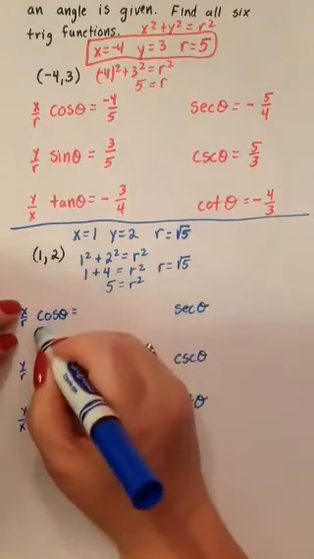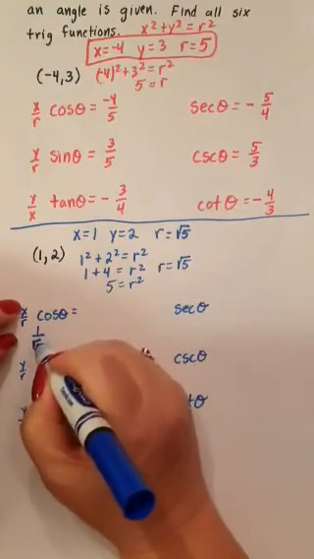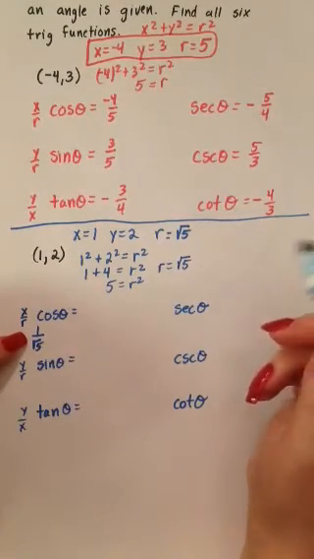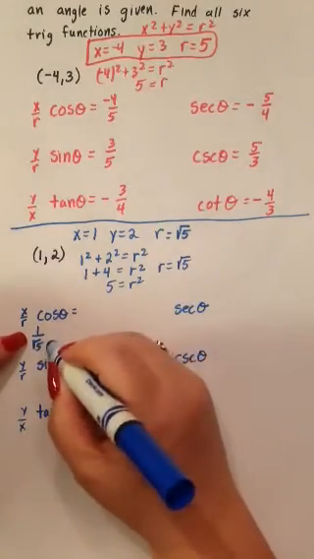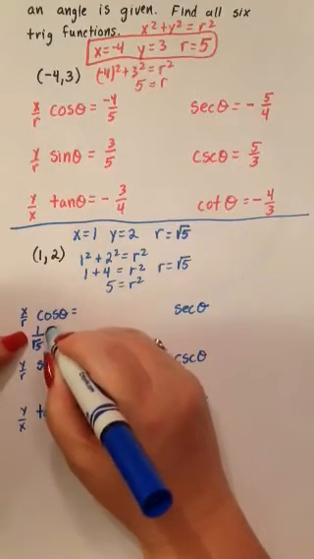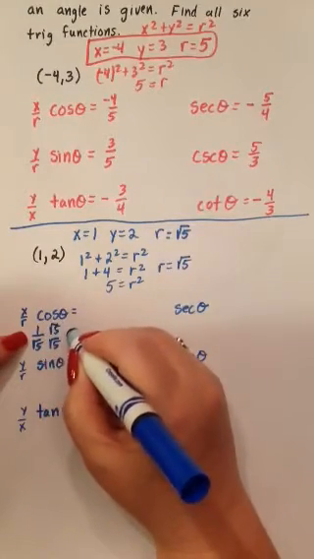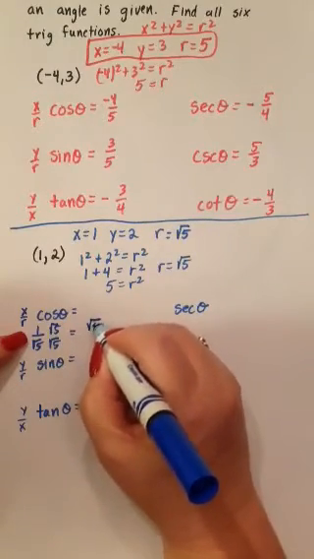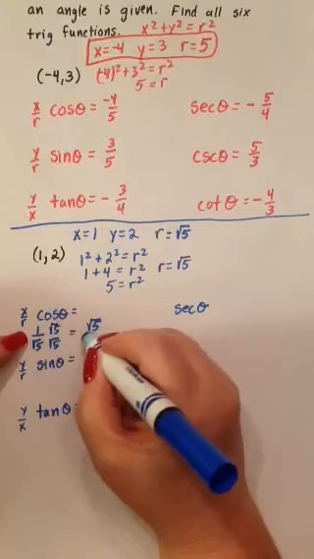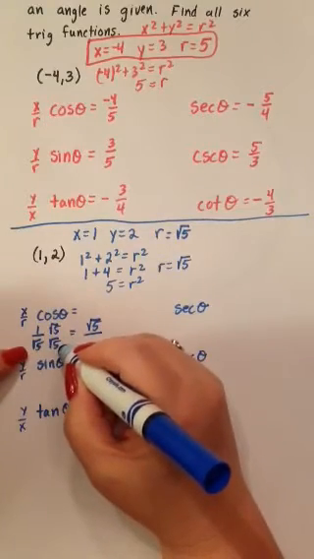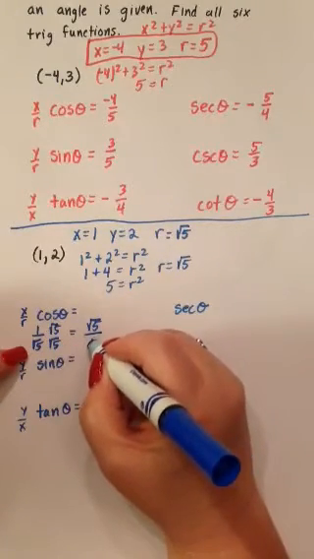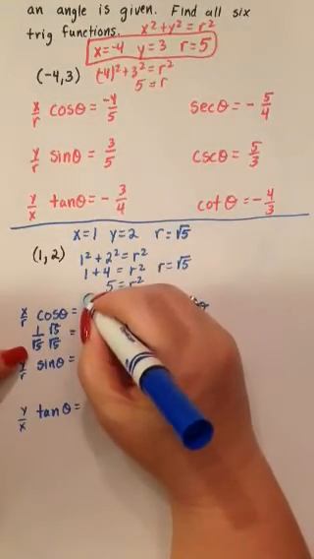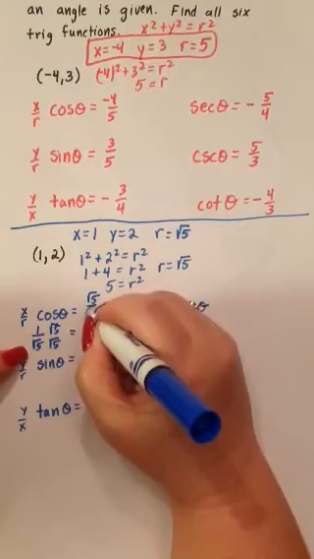But x over r would be 1 over square root of 5. And that numerically is exactly right. However, you have to rationalize the denominator by multiplying both the numerator and denominator by square root of 5. So that gives you square root of 5, because 1 times square root of 5 is square root of 5. Square root of 5 times square root of 5 is square root of 25, which is 5. So my answer is going to be square root of 5 over 5.